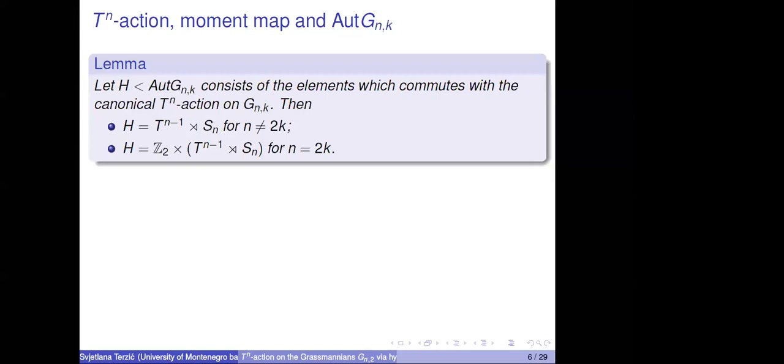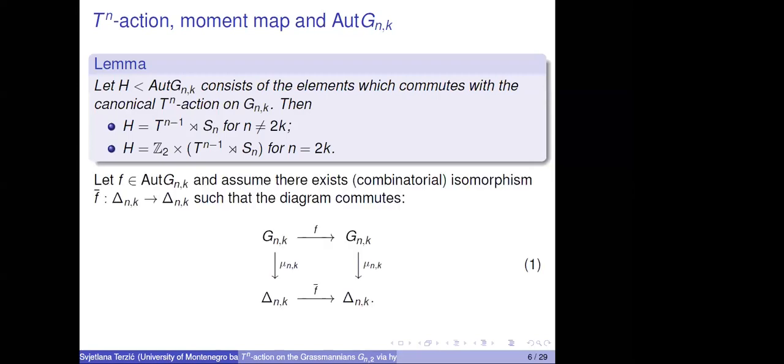Now, when we ask about the relation between the moment map and the automorphisms of the Grassmann manifolds, in other words, we consider those automorphisms for which there exists a combinatorial isomorphism f bar of the hypersimplex Δ_{n,k} such that the following diagram commutes. So what are these?